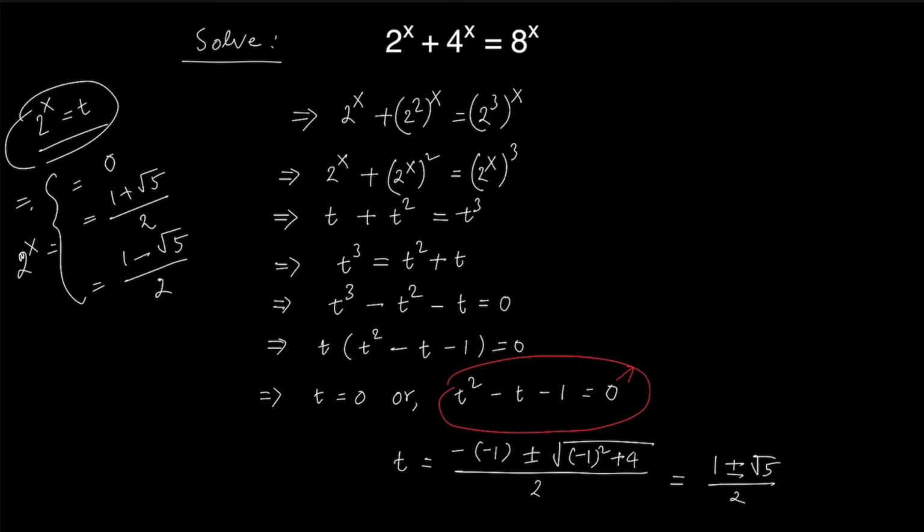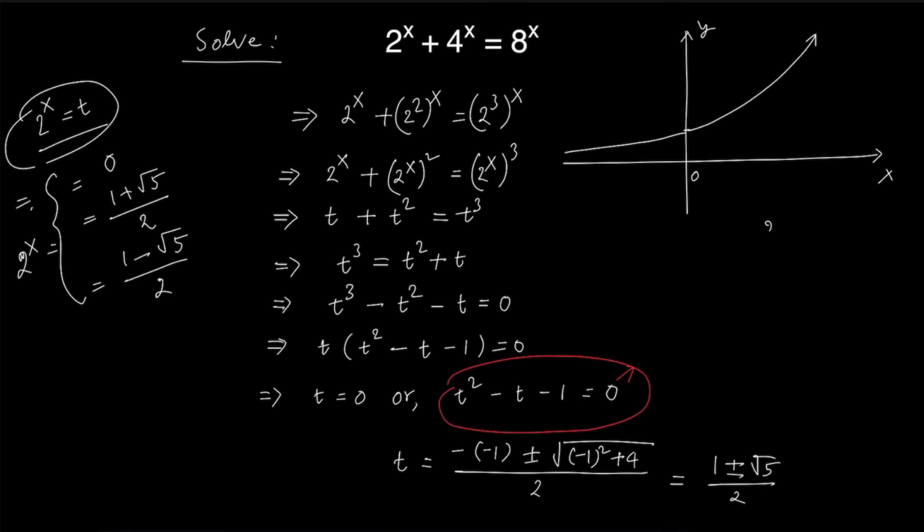Now the graph of 2 to the power x, if we plot, this is x-axis, this is y-axis. 2 to the power 0 is 1, and if x goes to infinity, 2 to the power x also goes to infinity.